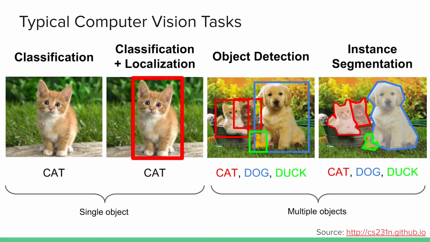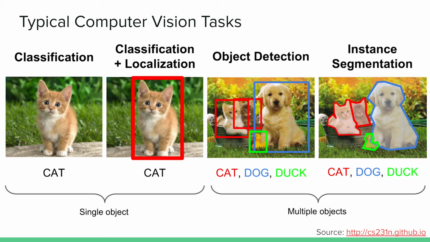So, typical computer vision tasks. I've already given this away somewhat, but let's talk about them again. We can have one output from our input. So we would classify an entire image as one thing, as a cat, and we have one object here.